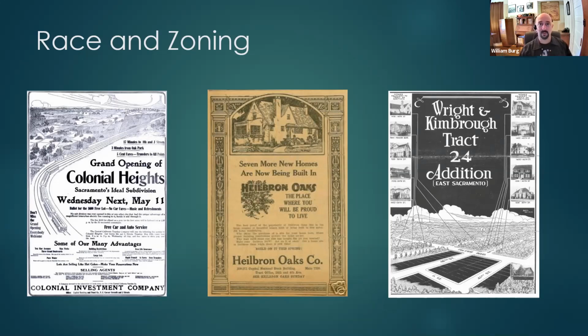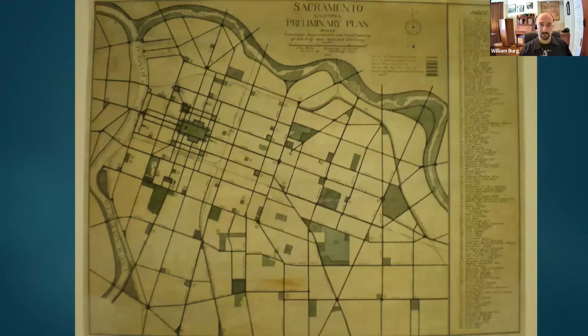Later on, they became limited more broadly to whites only. But all of Sacramento's suburbs, like I said, or almost all of them, had these racial covenants. And one of the reasons being put forth by the city of Sacramento for the 2040 general plan update is recognizing this history of exclusion and aiming for a more inclusive city.